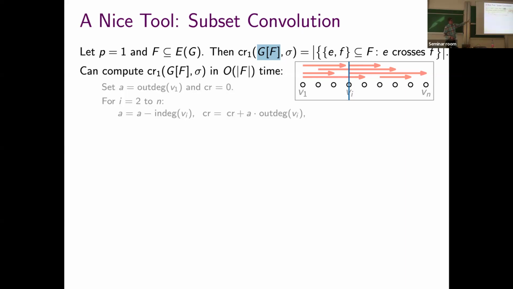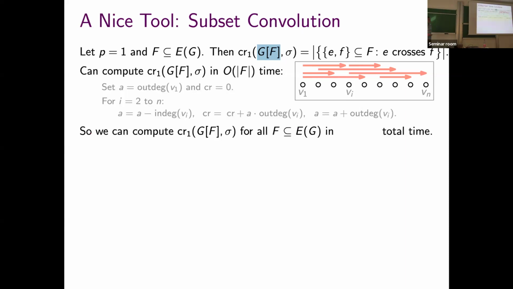But I think it's obvious that you can do it in quadratic time. You just go through all pairs of edges, check whether they intersect, and then you get the number. So we can compute this number for all subsets of the H set.